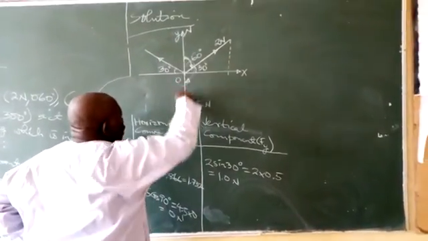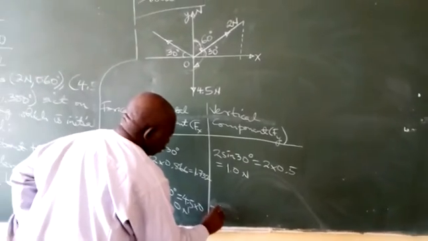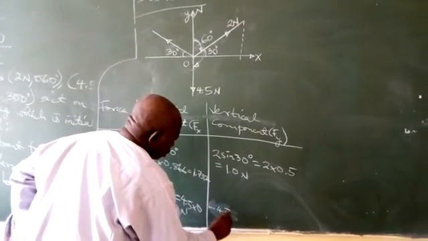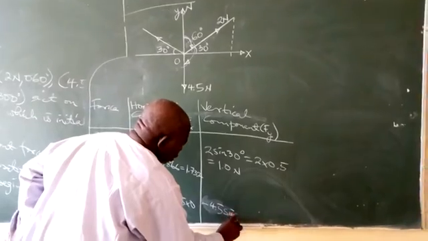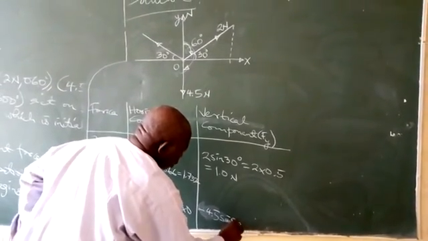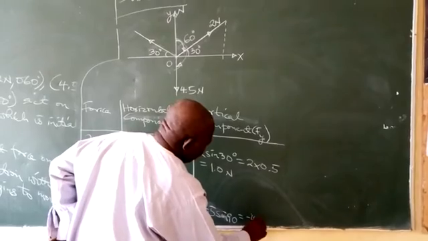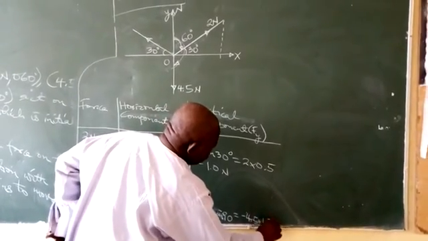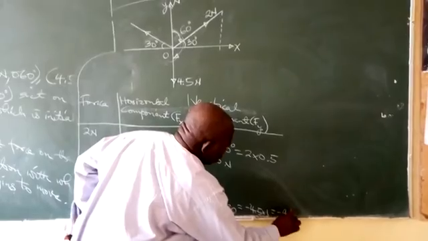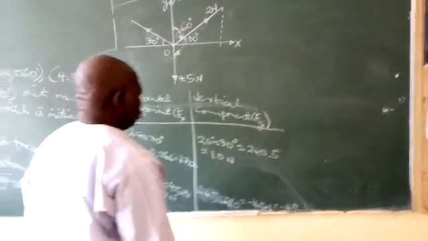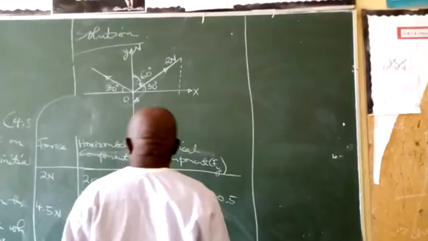Minus, because it's towards the negative direction of the y-axis, so it will be minus 4.5 sine 90 degrees. Sine 90 is 1. So that would be minus 4.5 times 1, which is minus 4.5. So I continue from here.